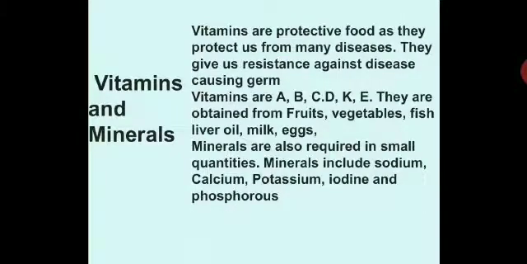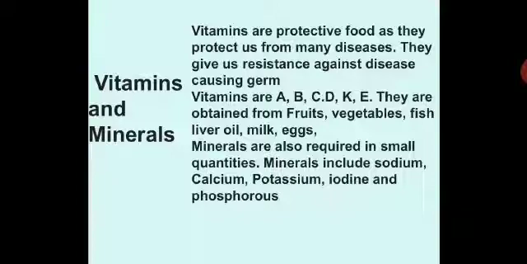Vitamins and minerals. Vitamins are protective food as they protect us from many diseases. They give us resistance against disease causing germs. Vitamins are A, B, C, D, K, E. They are obtained from fruits, vegetables, fish, liver, oil, milk, eggs. Minerals are also required in small quantities.